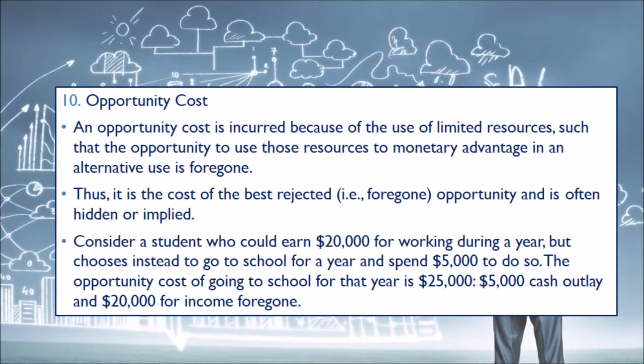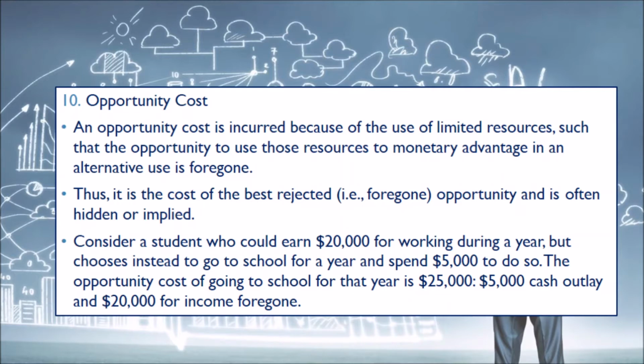Okay, going back to cost terminology, we have opportunity cost. An opportunity cost is incurred because of the use of limited resources, such that the opportunity to use those resources to the monetary advantage in an alternative use is forgone. Thus, it is the cost of the best rejected opportunity and is often hidden or implied.